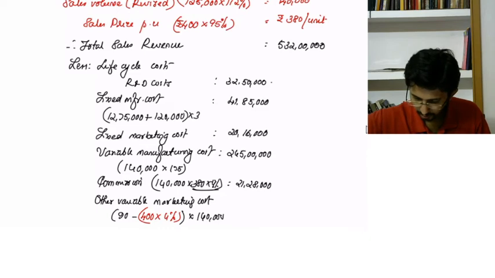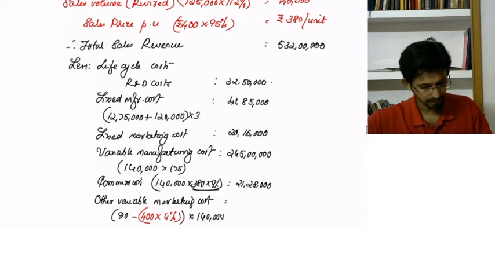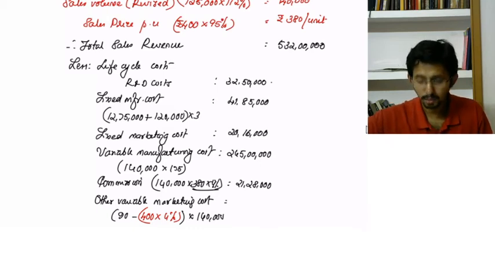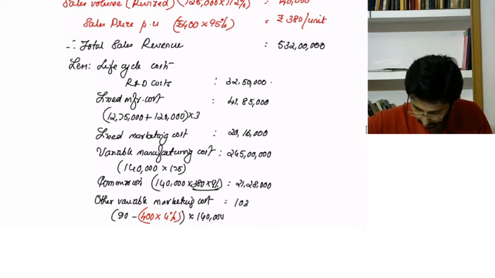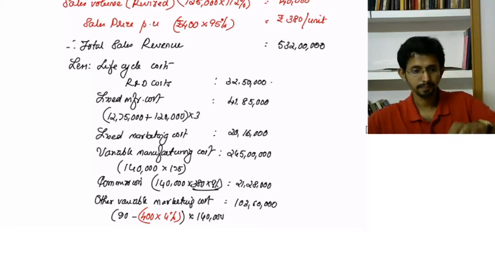This is one change which you need to keep in mind. Okay, so 90 minus 16, 74. 74 into 1,40,000, that is 103,600. Is it clear? Okay, then marketing fixed cost we have already considered.